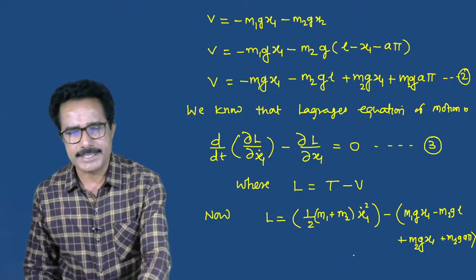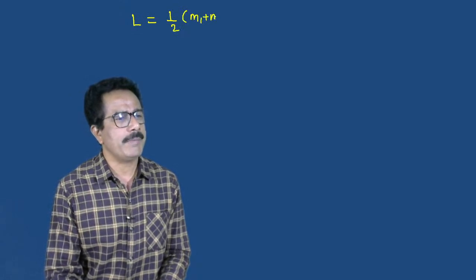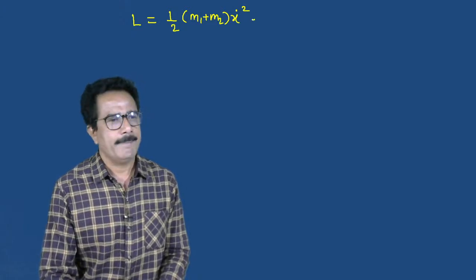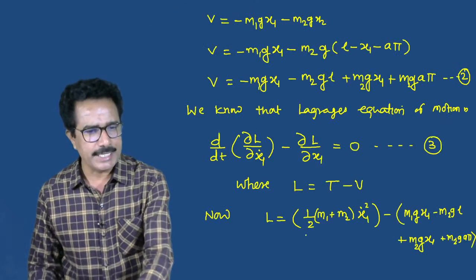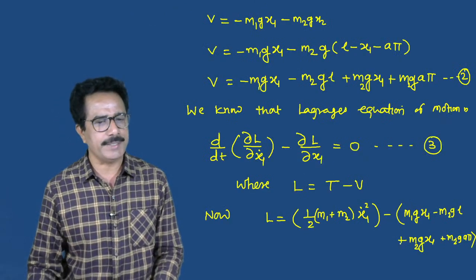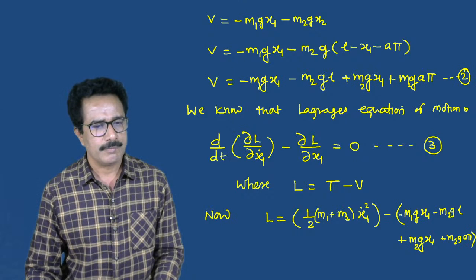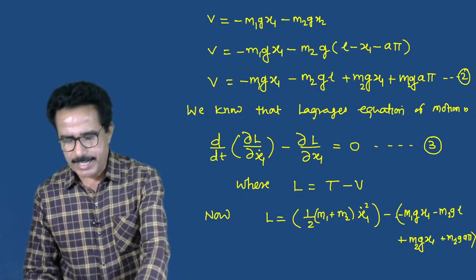We get L is equal to 1 by 2 into (m1 plus m2) into x1 dot square minus, now we will get the relation, minus m1 g, minus this, then minus minus plus.